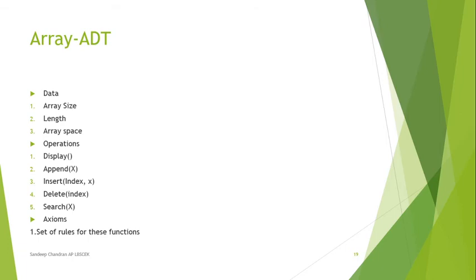Then typical operations we can perform in an array are display, append, insert, delete, search. So see the example of the function insert. What ADT provides is how we can use this insert function. While implementing the insert function, you have to pass two arguments.